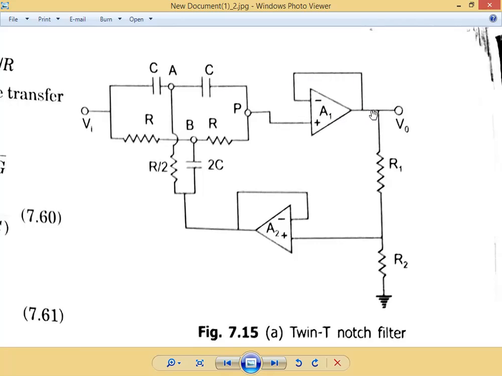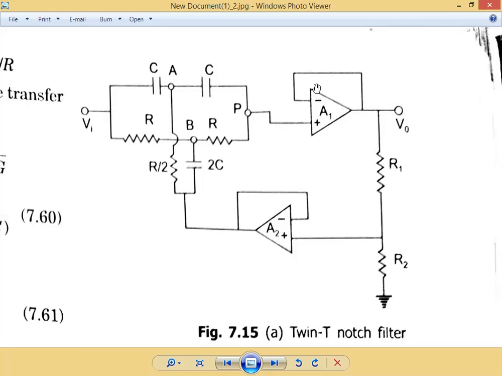So why are we writing V0? Because this op-amp A1 is going to act as a voltage follower.